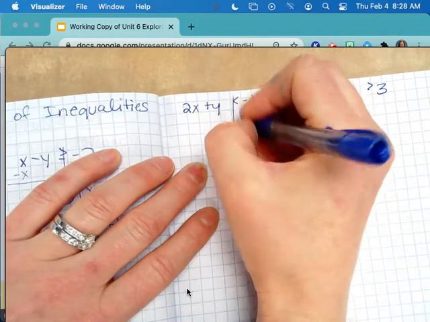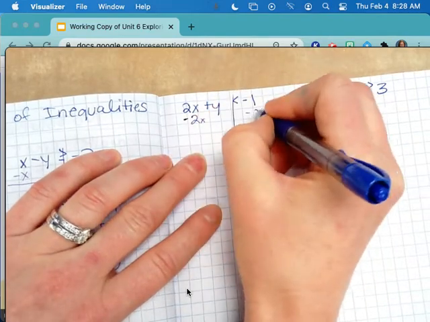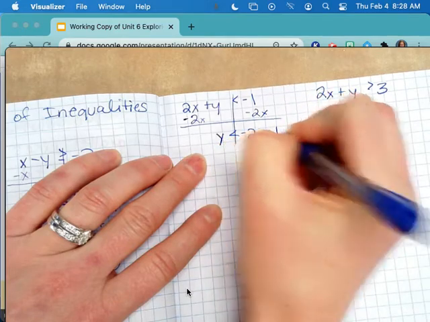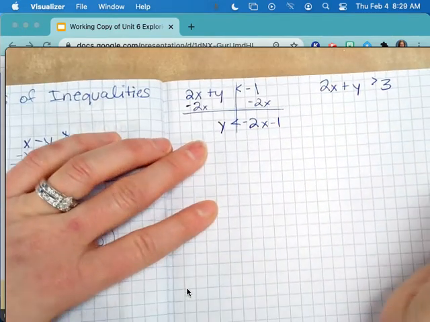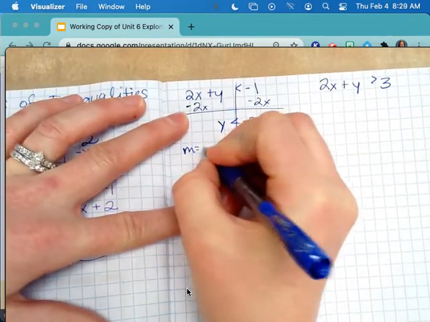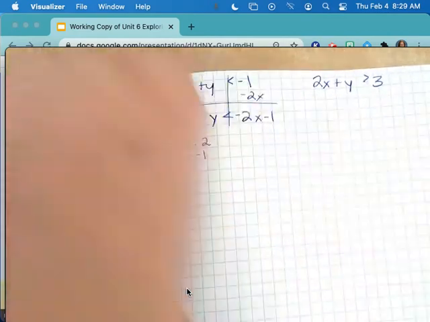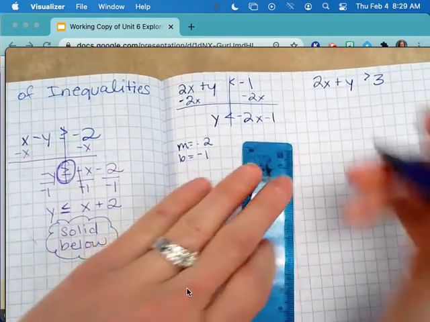So we need to solve both of them. Y is less than -2x minus 1. So our M is -2. Our B is -1. So we're going to do it by hand on this one.